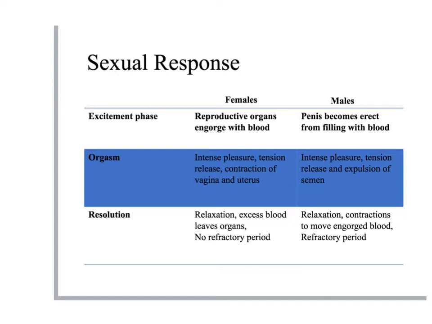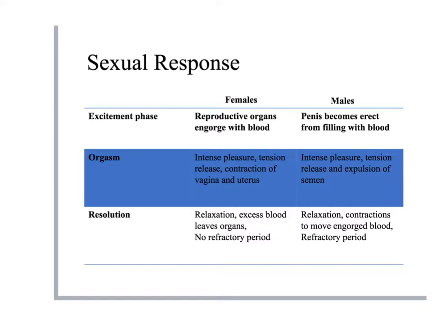There are three phases to the sexual response, and they have similarities: the excitement phase, the orgasm phase, and the resolution phase. In females, as in males, different organs engorge with blood. So homologous organs such as the penis and the head of the penis and the clitoris both engorge with blood during a state of arousal.